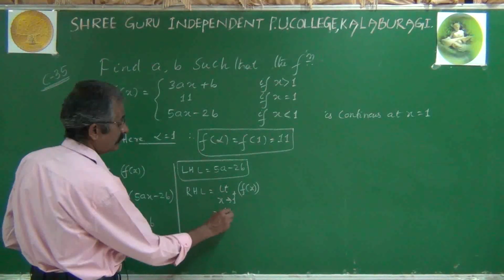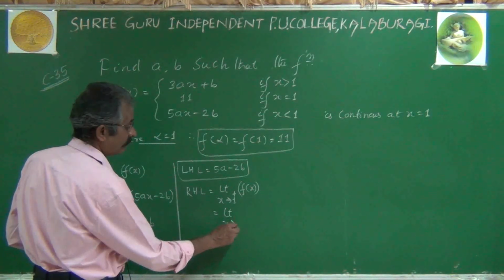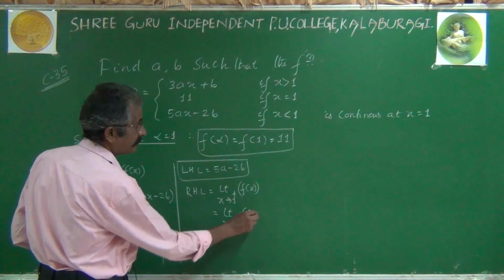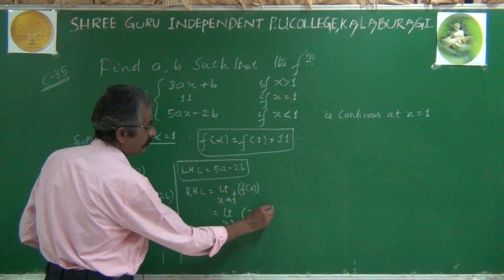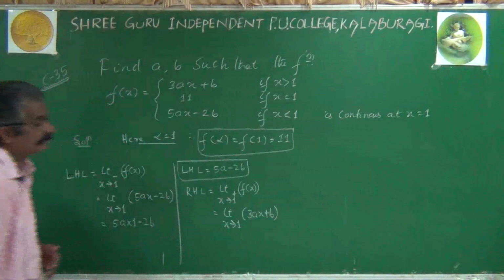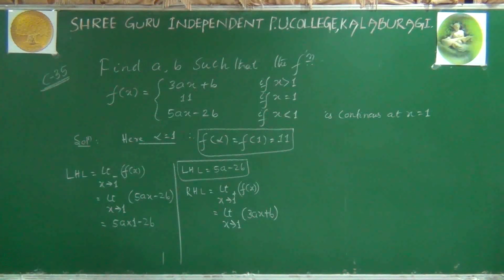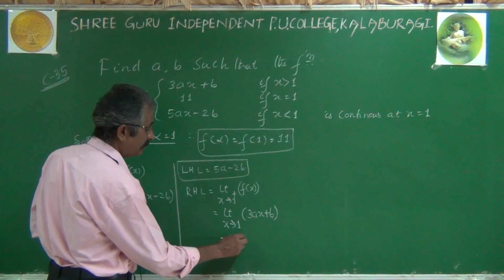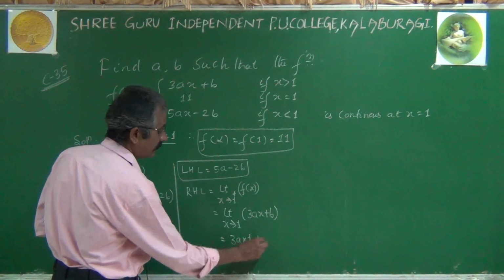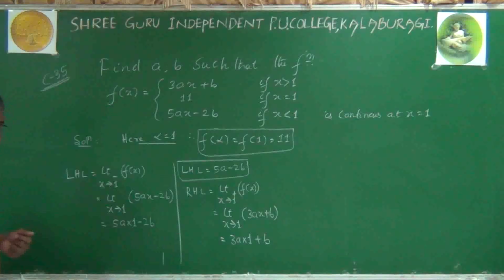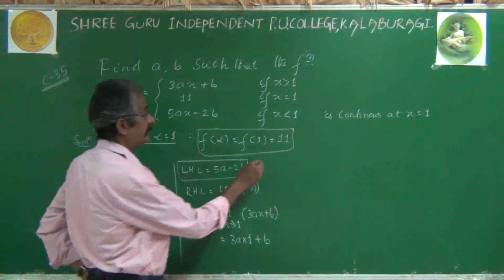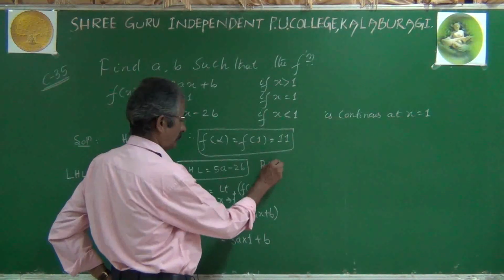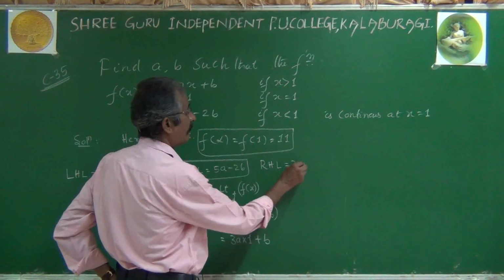That is limit extending to 1 of 3ax plus b. Replace x by 1. On replacing x by 1, 3a into 1 plus b, that is 3a plus b. Right hand limit equals 3a plus b.